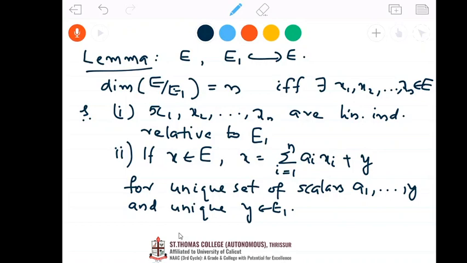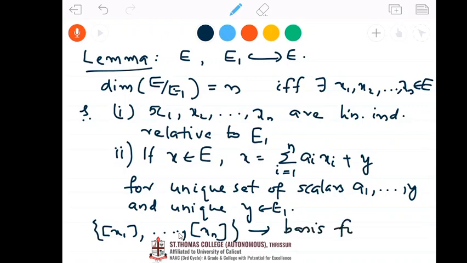If this is true, then the cosets corresponding to these x1, x2, etc., xn form a basis for E over E1. This will be a basis for E over E1.